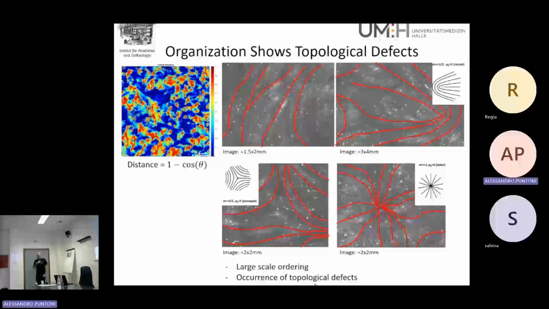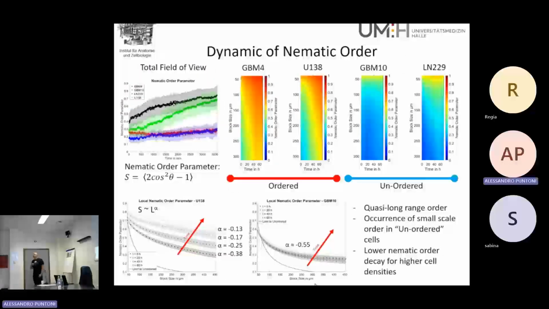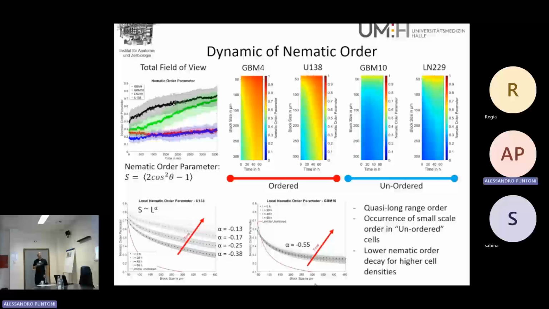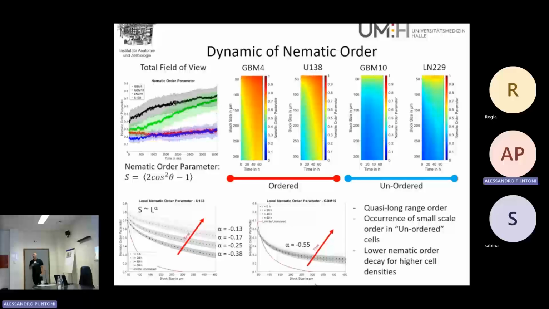So having observed these defects, we looked at the evolution of the nematic order parameter in our system as a function of time. So we went back to our live cell imaging approach. And just to make sure that this is not an artifact of the cell lines we were employing, we added two more to the mix. One that's showing no signs of self-organization and the other that's showing signs of self-organization.